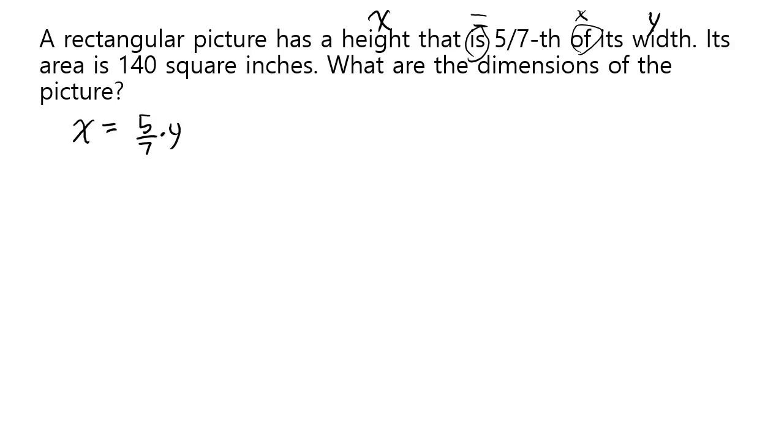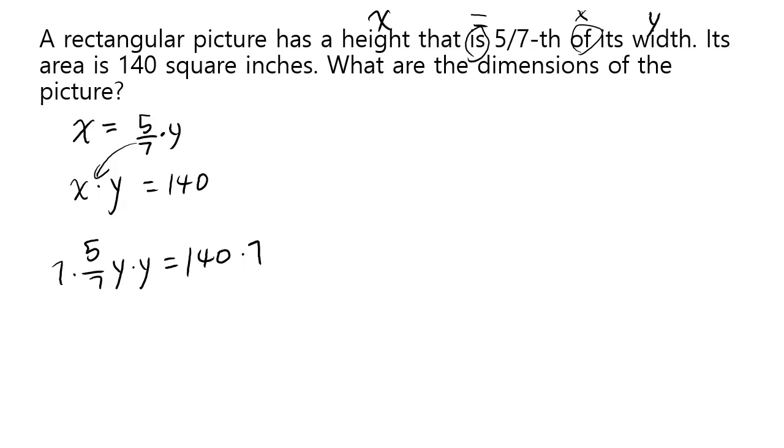And the area is 140 square inches. So what is the area? Area is height times width, and that should be 140. You're trying to solve this. You already have x equals 5/7 of y, so you can replace your x by 5/7 of y. So you have 5/7 of y times y equals 140. Then you can multiply by 7 on both sides and get 5y squared equals 7 times 140, which is 980.